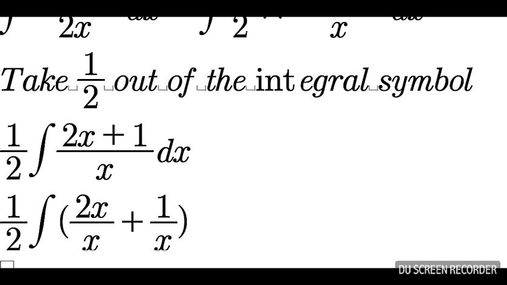So I have my dx. But you know that this x here, we have to cancel it.